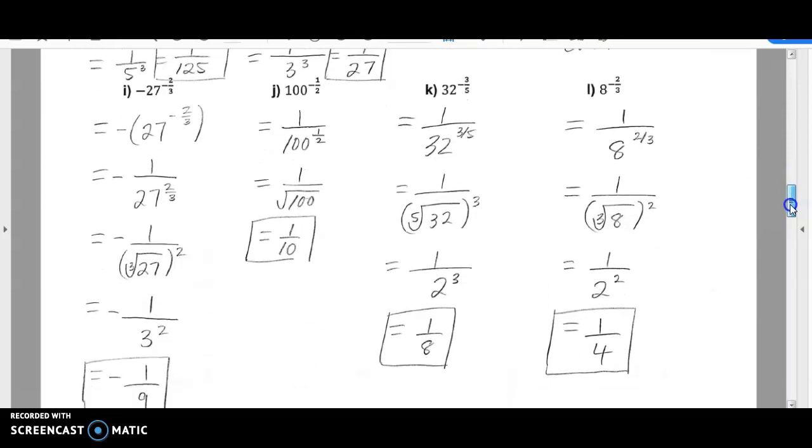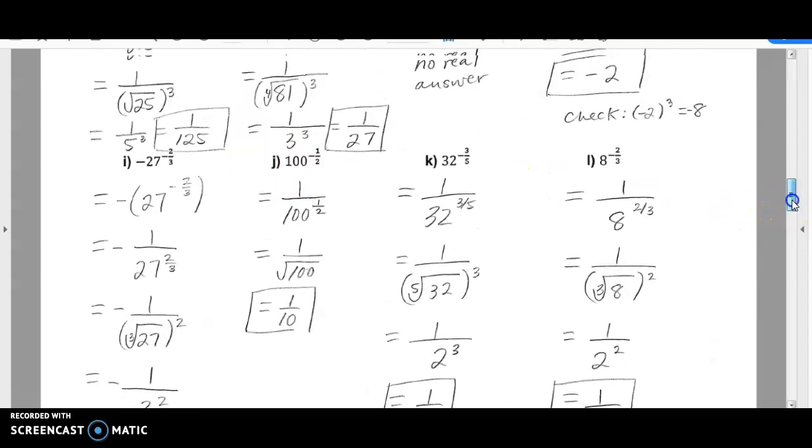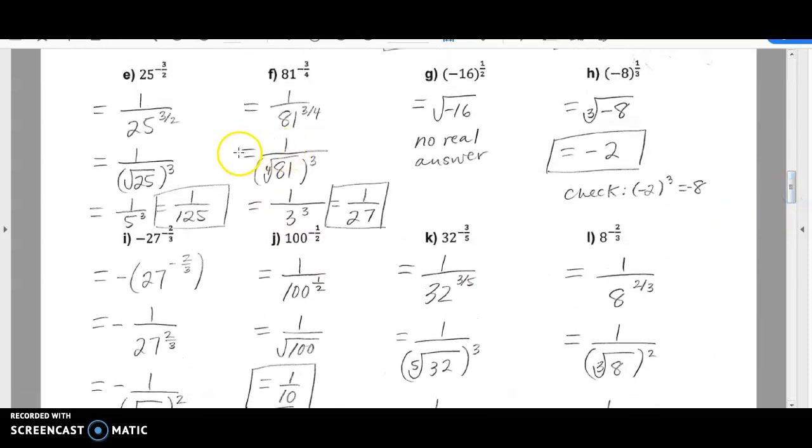Okay. Last thing to point out here: if you look at G and H, you can see the negative 16 is in brackets, the negative 8 is in brackets, so the exponent applies to the entire negative 16 and the entire negative 8. Here, the base is not in brackets, the negative is not part of the bracket, so this exponent only applies to the 27, not to negative 27.